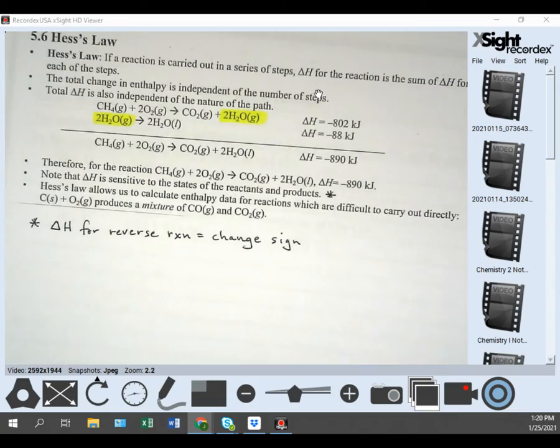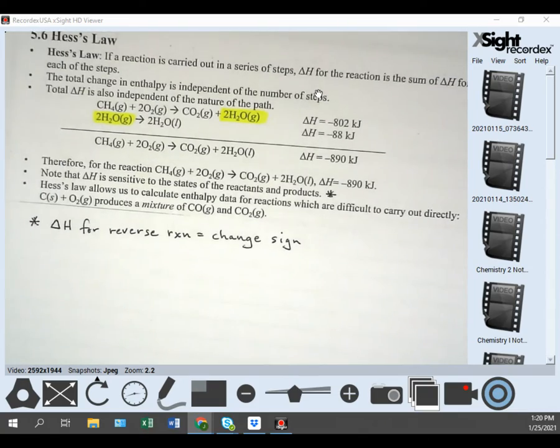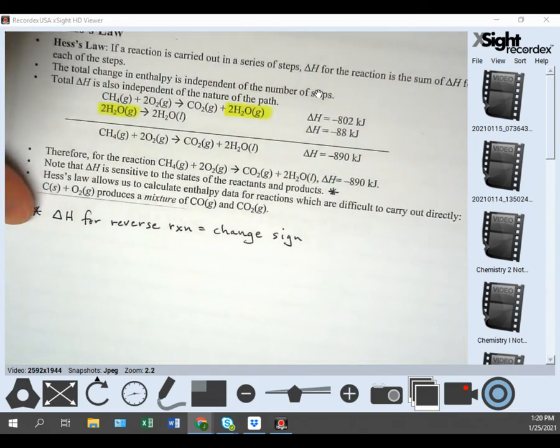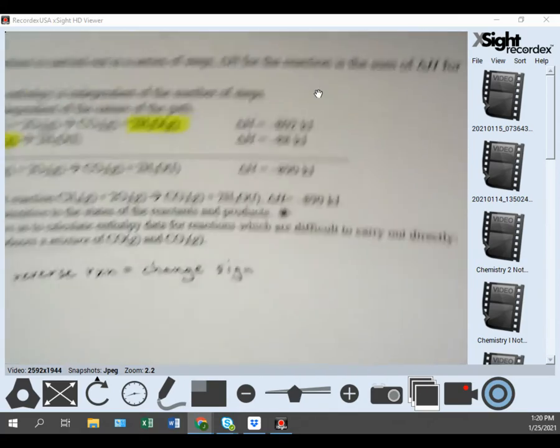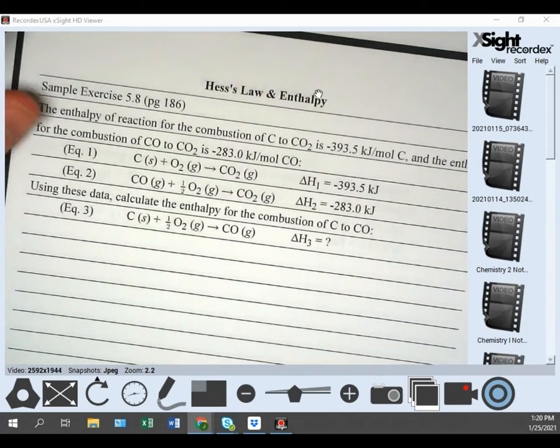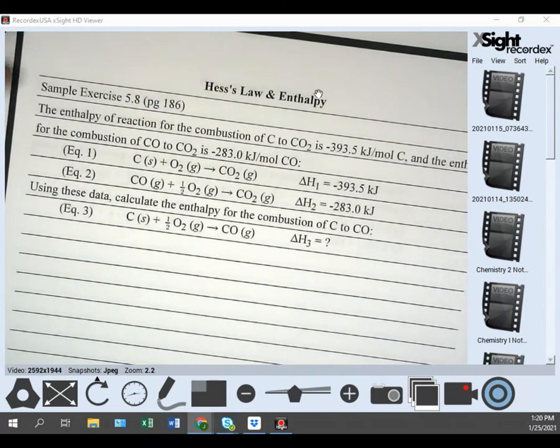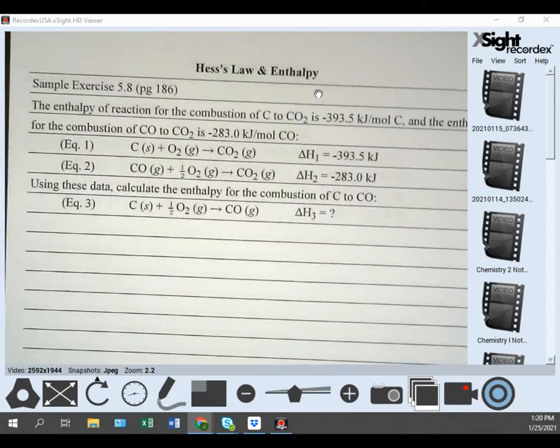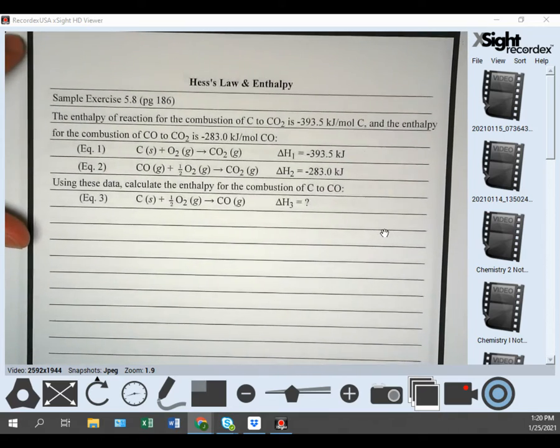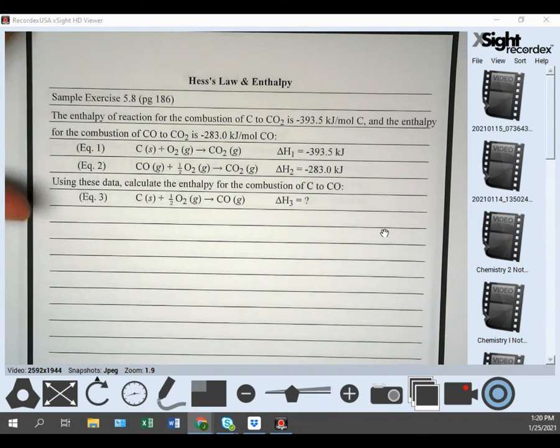So hopefully the concepts that I've gone through make sense somewhat. Now it's a lot easier once you start seeing the actual kind of problems and work. So let's go to that. All right. Let's start with the page 186 sample exercise. Okay.